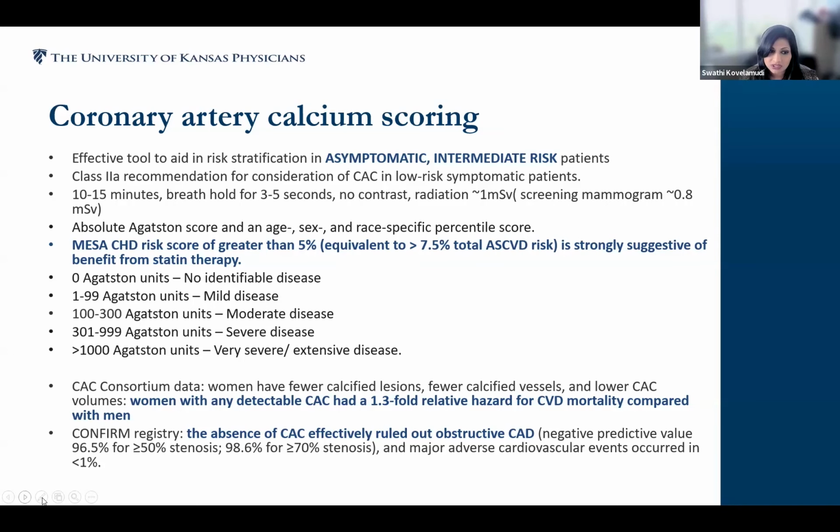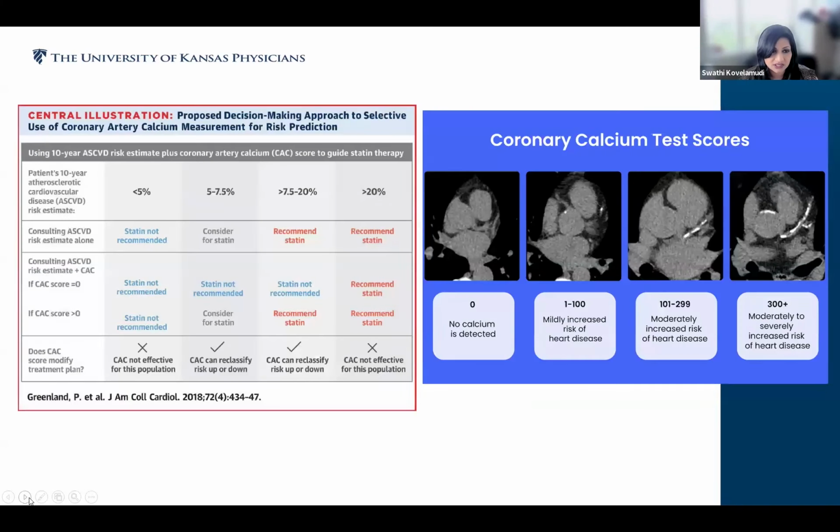It's also a good prognostic tool. If you have absolutely no coronary artery calcium, then your risk of major adverse cardiovascular events is less than 1%. 1 to 99 Agatston units is mild disease, 100 to 300 is moderate, 301 to 999 is severe, and over 1,000 is very severe or extensive disease.